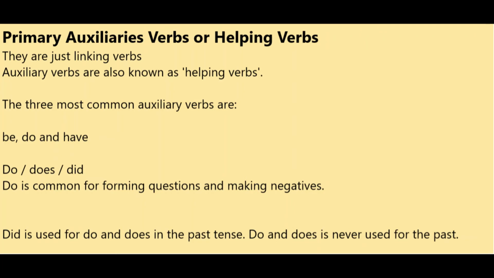But linking verbs are just linking. I am a teacher. What is the verb here? I am, and it just connects, linking I to the teacher. That is the linking verb. But in I am teaching grammar, you can see am is helping.